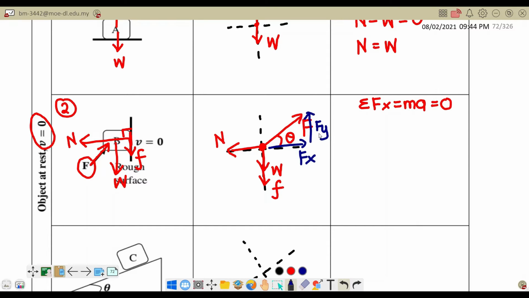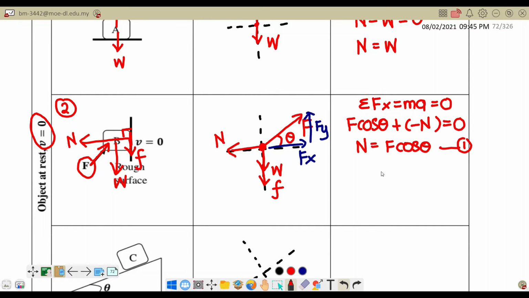So we write the equation: Fx for the external force is F cos theta, plus negative normal force, because the normal force is to the left, equals 0. Therefore, our normal force can be written as F cos theta. This is the first equation.